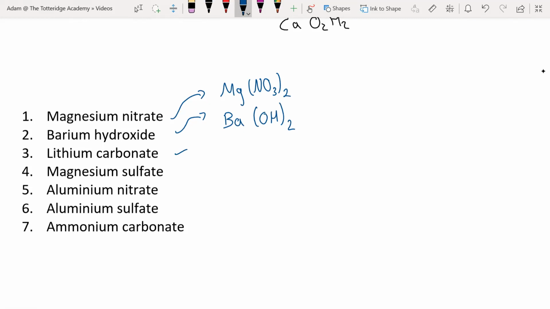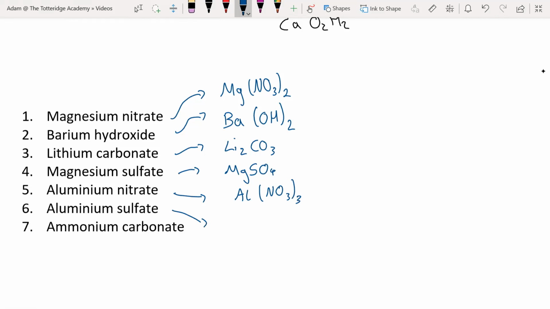Lithium carbonate is going to be Li2CO3 because I've got 1 positive on the lithium and 2 negatives on the carbonate. Magnesium sulfate, that's just going to be happy, MgSO4. Aluminium nitrate, well, if aluminium is 3 plus and nitrate is 1 minus, I'm going to have 3 of these.